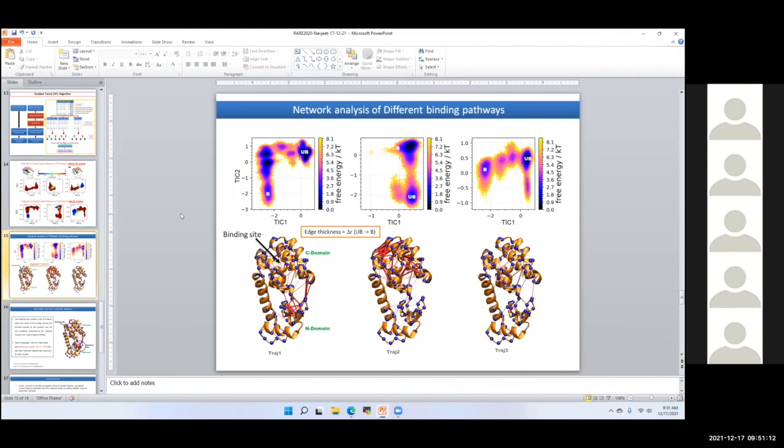Okay, and since you are looking at the coupling, when you are looking at the coupling between the binding coordinate and the conformational coordinate, can we look into which happens first? Is there time series information?